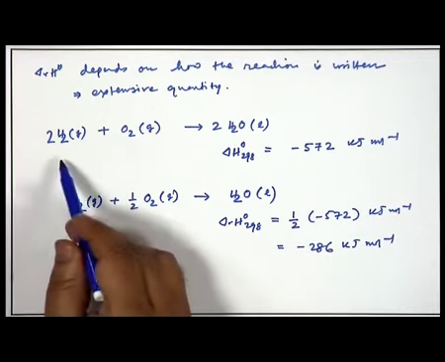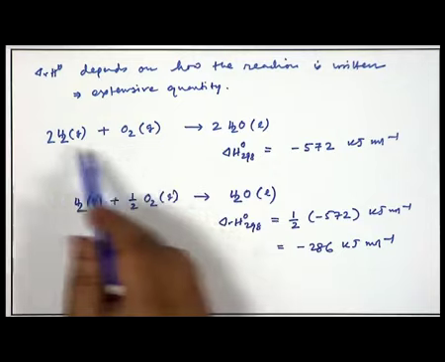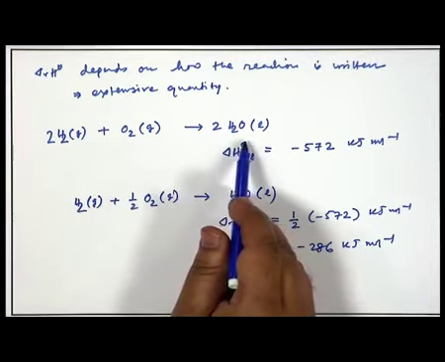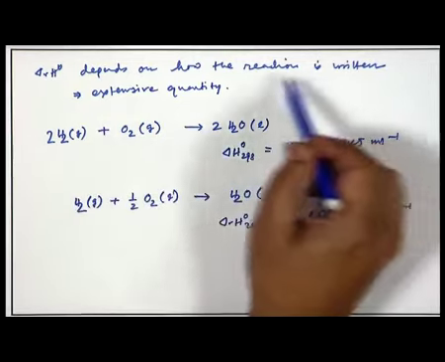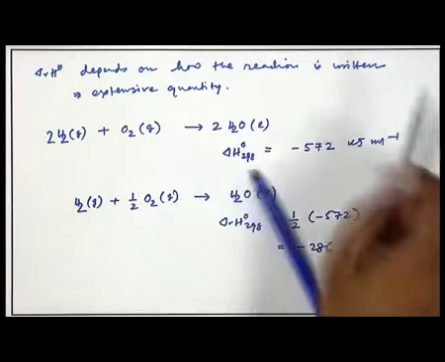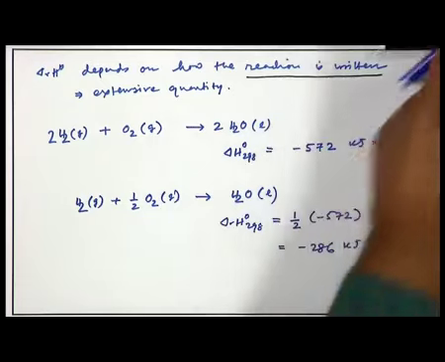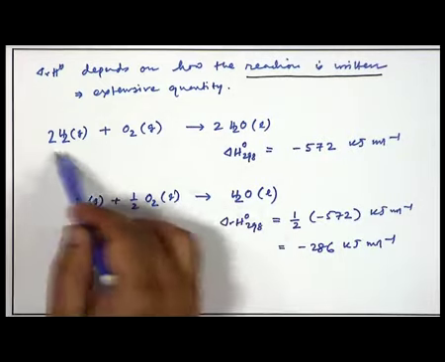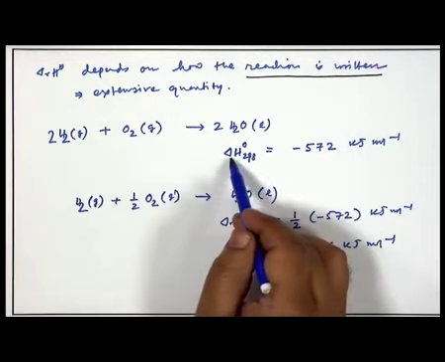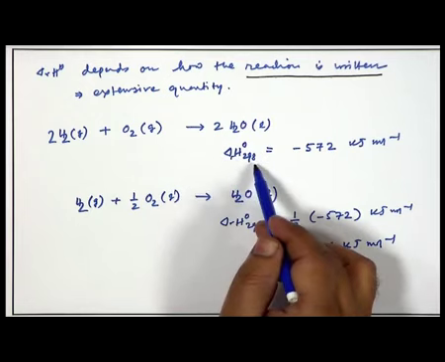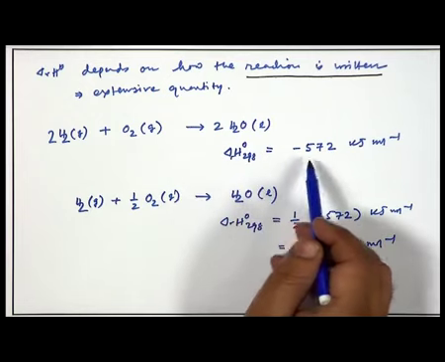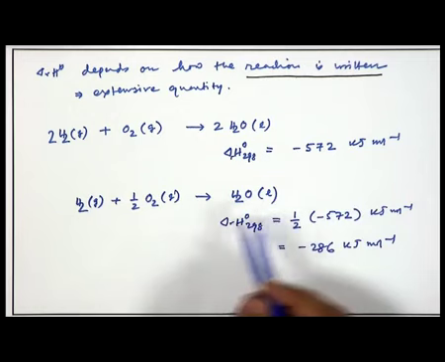at the same temperature would be half of what we had earlier. So, depending upon how the reaction is written, if the reaction is written like this, we have a standard reaction enthalpy of some number.